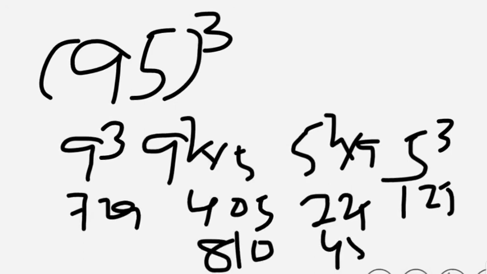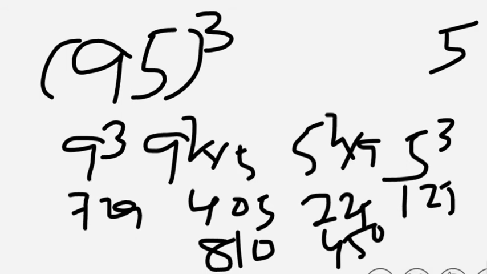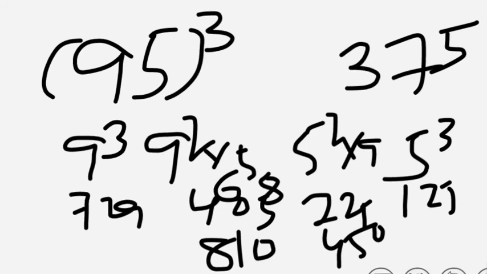So if you add all this, we have to start from the left side, so 5. Next, if we add 225 plus 450 and plus 12, 687, so 7. 68 is carried to this number, so 68 plus 405 plus 810 would be 1283, so 3.